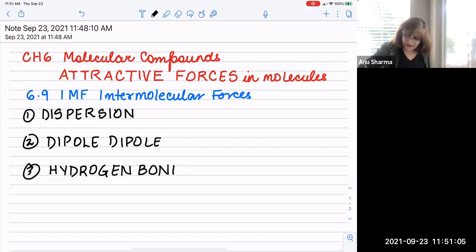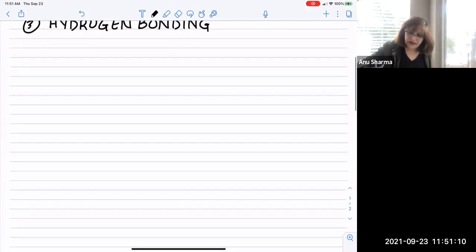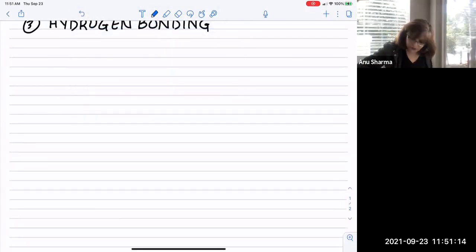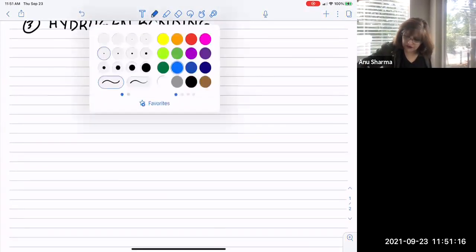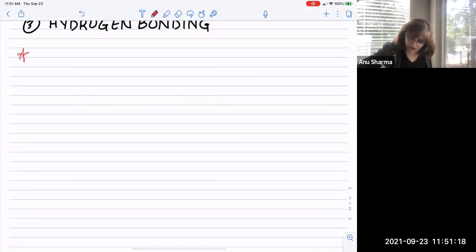All right. Now the dispersion forces are going to occur in between the particles that are diatomic. So first, look at the dispersion forces. Diatomic molecules only.